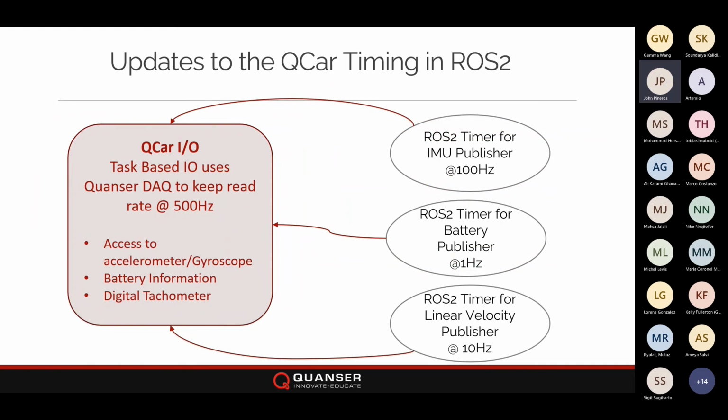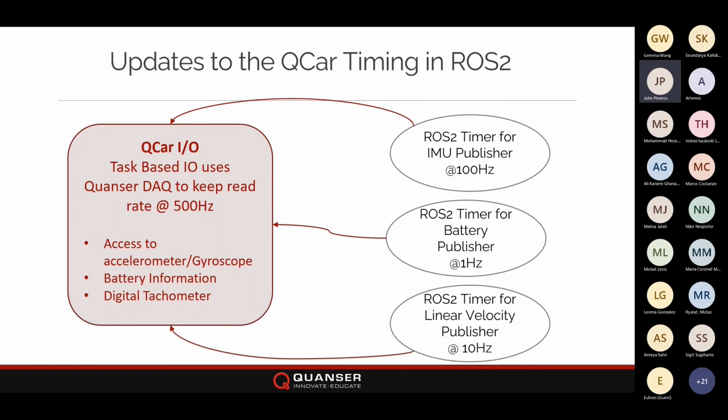So when we looked at giving the car support for ROS2, we understood that the timer, if you will, that's available on ROS could be a little bit inconsistent. And so we want to leverage the fact that we've got hardware timers on our DAC, in this case on the Q car, and we can sample information at a very fast rate. ROS may not be able to keep up with 500 hertz, but we also have to consider the higher level.